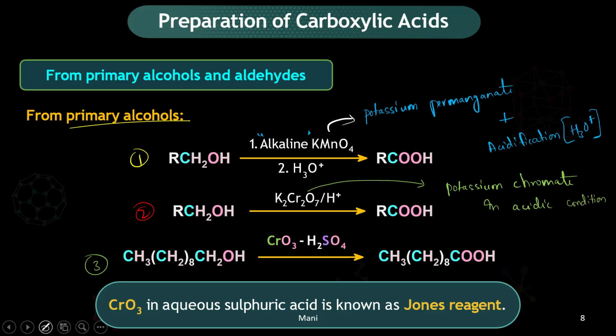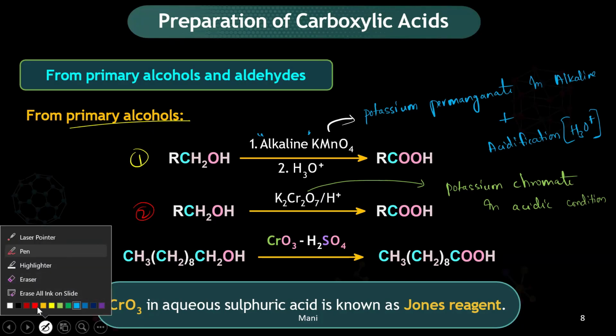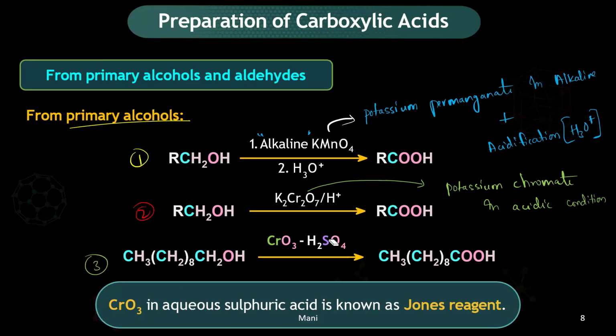Here you remember, we used the alkaline condition, whereas here we are using the acidic condition. So that will convert into the carboxylic acids. The primary alcohols have turned into the carboxylic acids. And the third one.